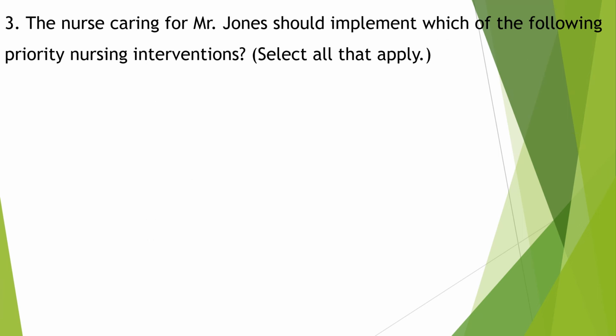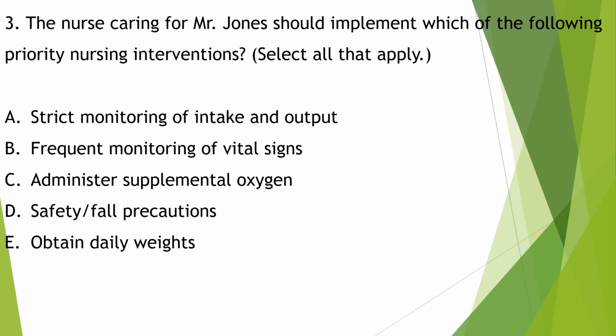The nurse caring for Mr. Jones should implement which of the following priority nursing interventions: strict monitoring of intake output, frequent monitoring of vital signs, administer supplemental oxygen, safety or fall precautions, obtain daily weights.